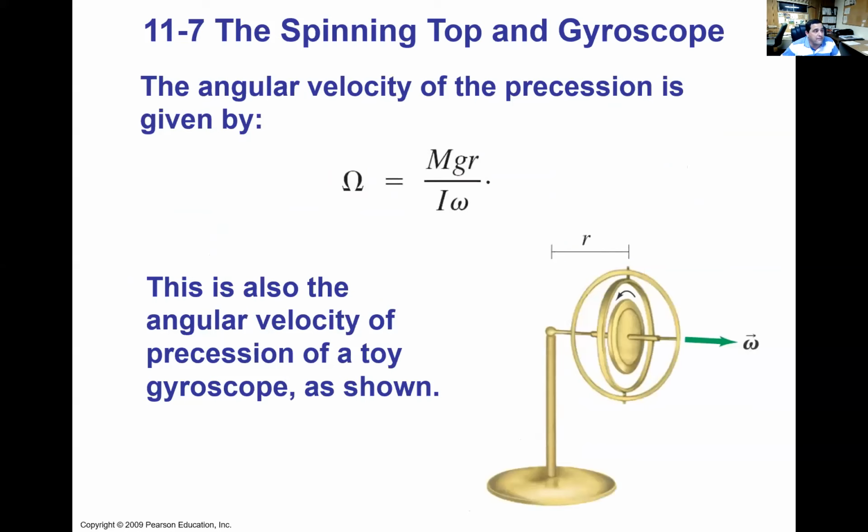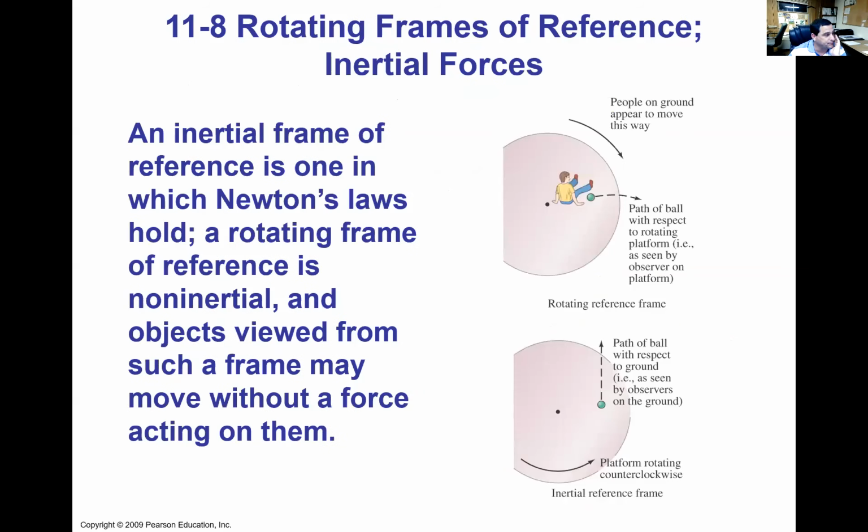Angular velocity of this precession is given by that equation. This is also the angular velocity of a precession of a gyroscope as it is shown. So gyroscopes are used on ships for navigation.